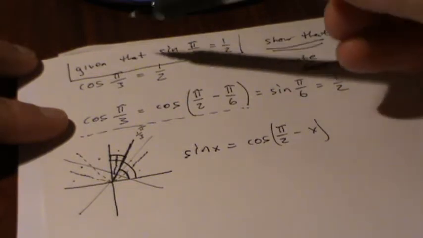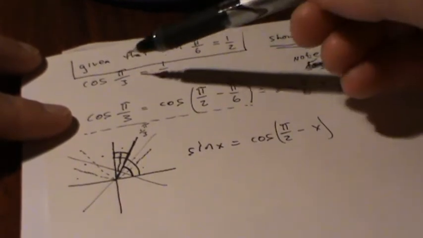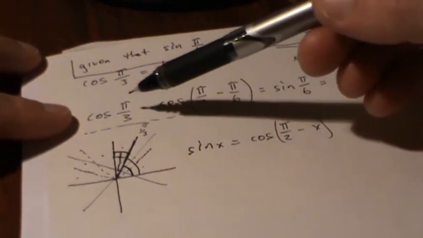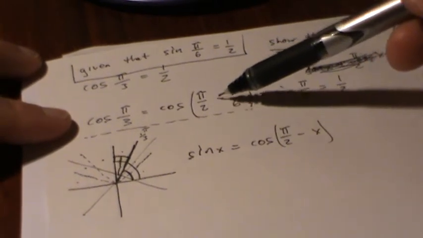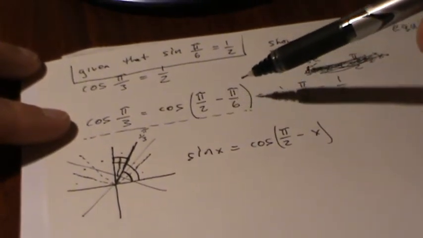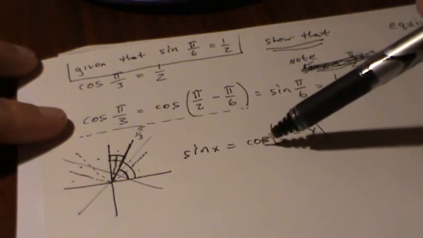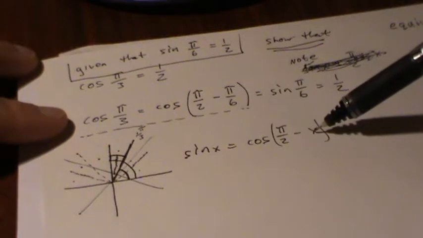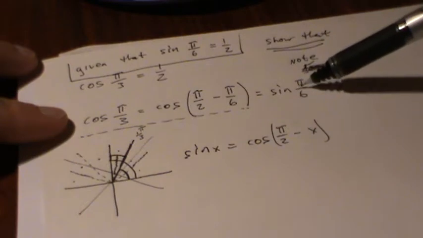So basically, we're given the fact that sine of pi over 6 is 1/2. We need to show that the cosine of pi over 3 is 1/2. So you start by showing that the cosine of pi over 3 is equal to the cosine of pi over 2 minus pi over 6. And then you use one of the formulas from the book to show that the cosine of pi over 2 minus pi over 6 is actually equal to the sine of pi over 6.